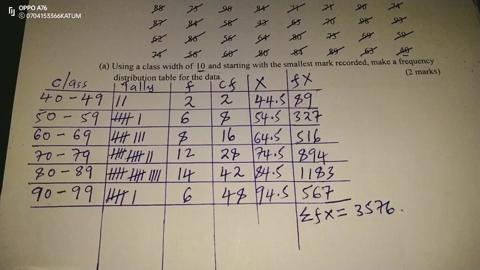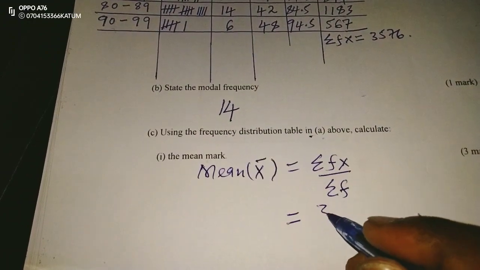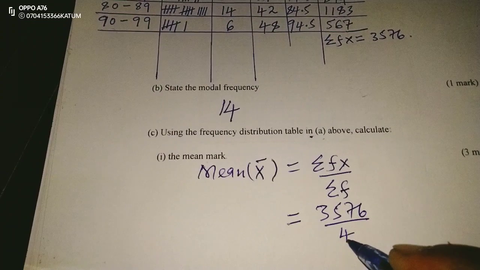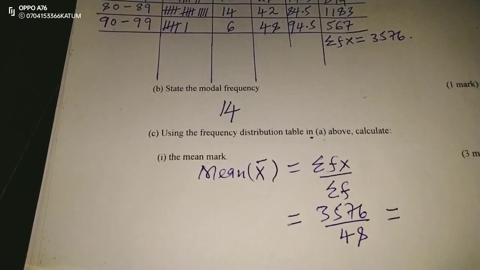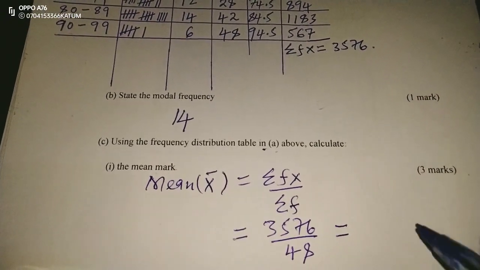We can confirm that value: 89 plus 327 plus 516 plus 894 plus 1183 plus 567. This is going to be 3576. Therefore, 3576 divided by a frequency of 48. This is going to be 74.5 exactly.